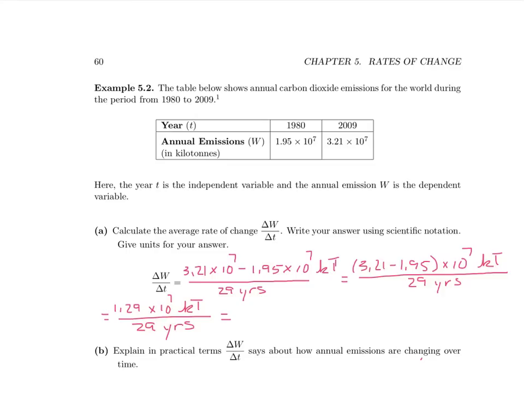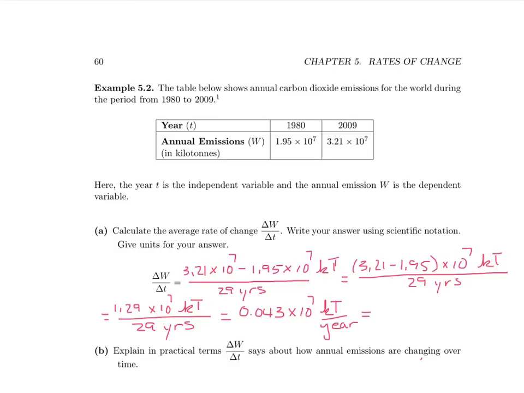When I do that, I arrive at 0.043 times 10 to the 7th, so that's my final value, and the units are kilotons per year.